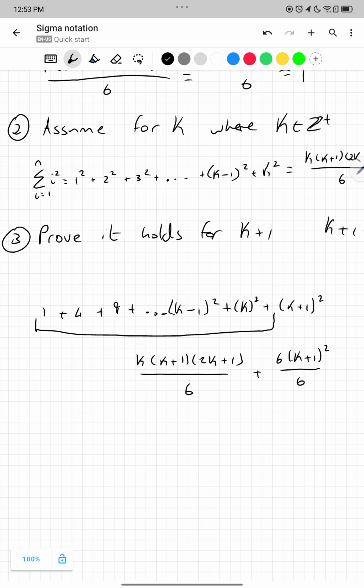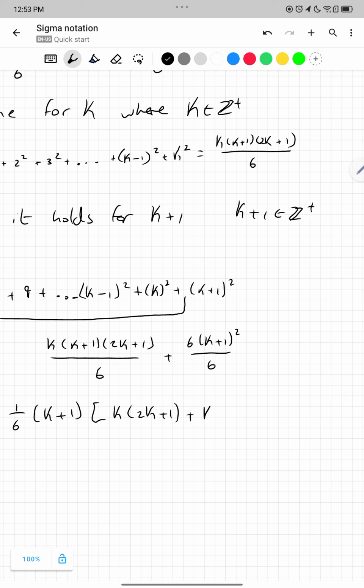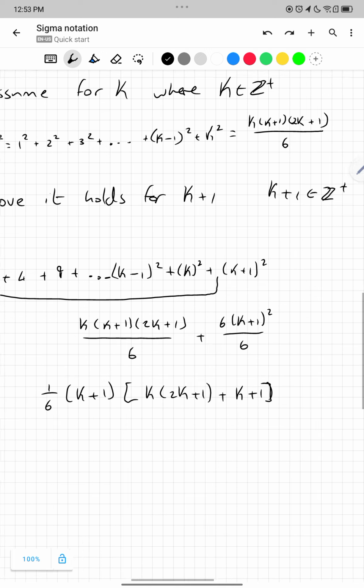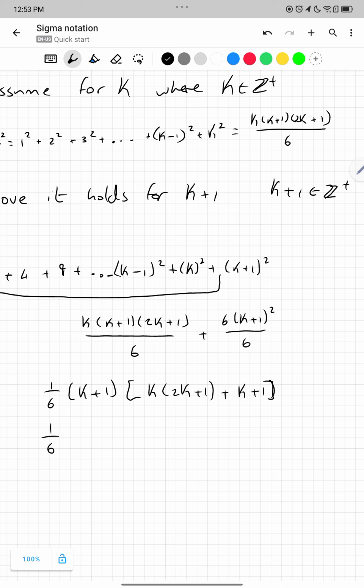If we take out k plus 1 on both sides, and 1 over 6, we would get k(2k plus 1) plus 6(k plus 1). We have 1 over 6 times (k plus 1). And then now comes the distributing and factorizing part.